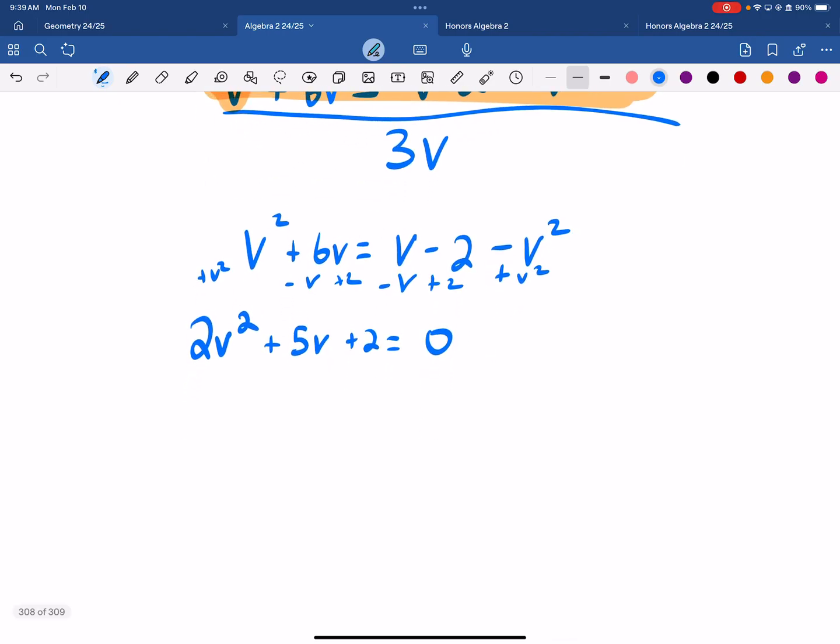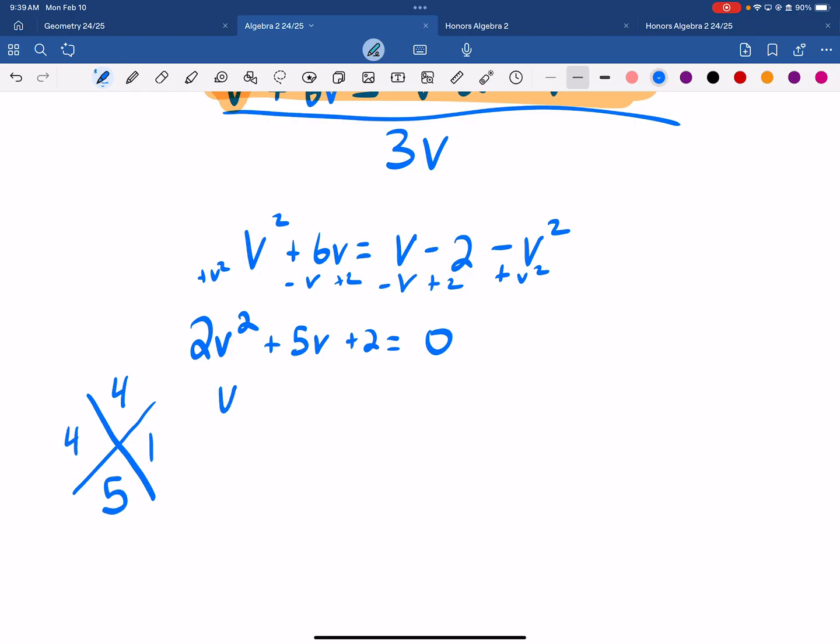Now we've got a quadratic. We have that quadratic set equal to 0. 3 terms for the quadratic means we use the x method. A times c on the top, so 4 on the top. 5 on the bottom, our b value. And it's 4 and 1.